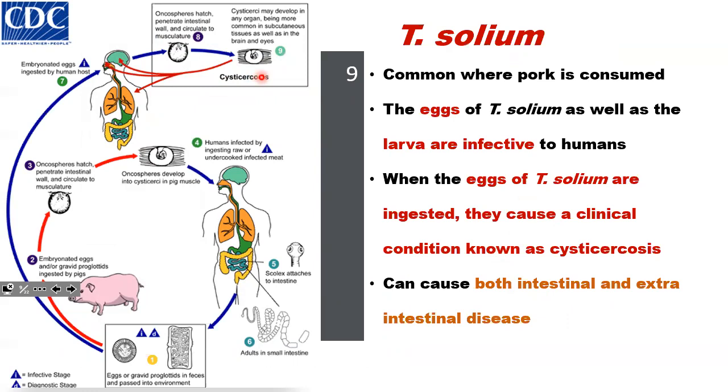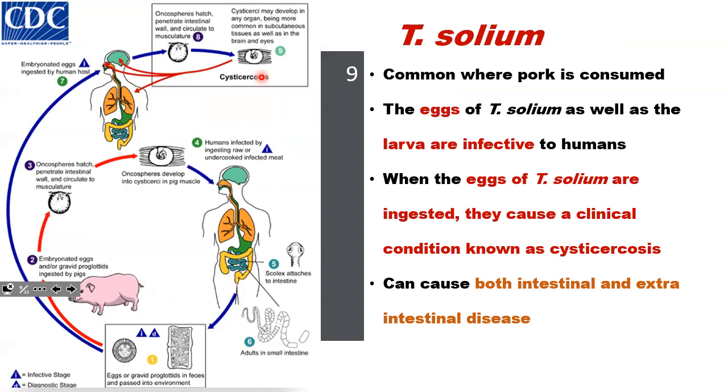Exactly. We are accidental when we have extra intestinal infection. And the route of transmission in that case is consumption of the eggs. We are definitive when we consume the larva form in the pork meat or the beef. In that case, we have intestinal infection.